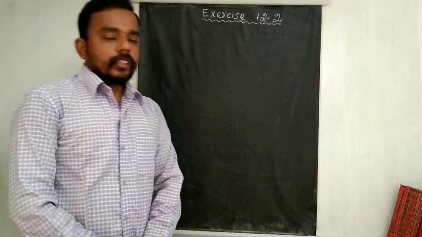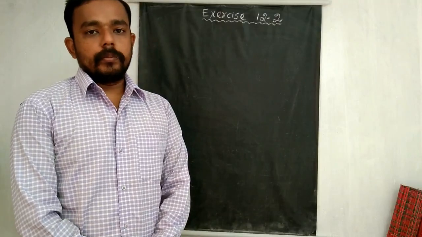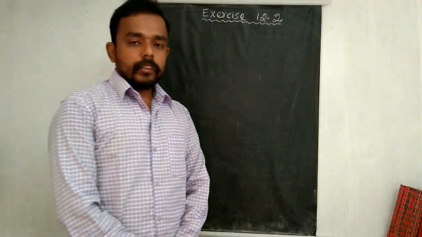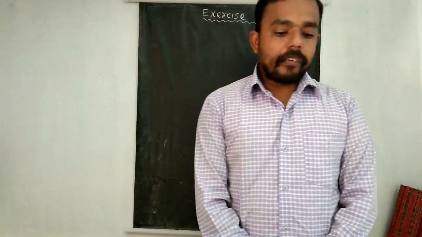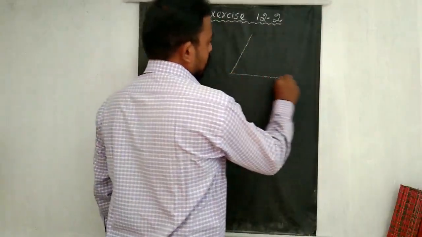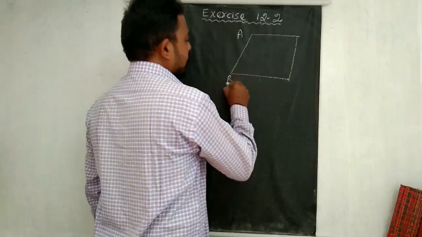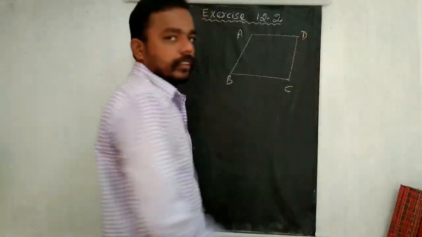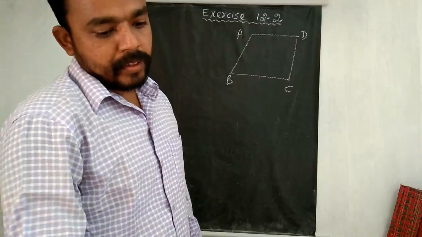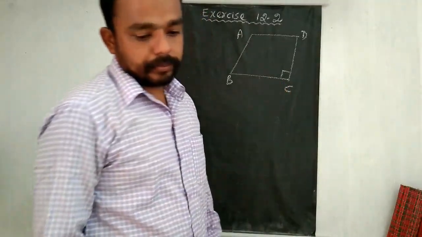Now we are going to discuss exercise 12.2, first problem onwards. The problem is: a field in the shape of a quadrilateral ABCD. Suppose it's a quadrilateral A, B, C and D. It has angle C equal to 90 degrees.